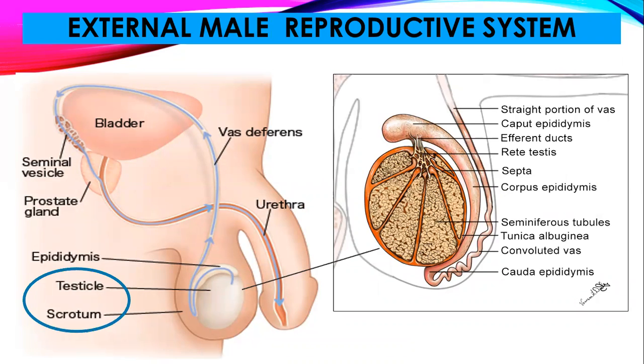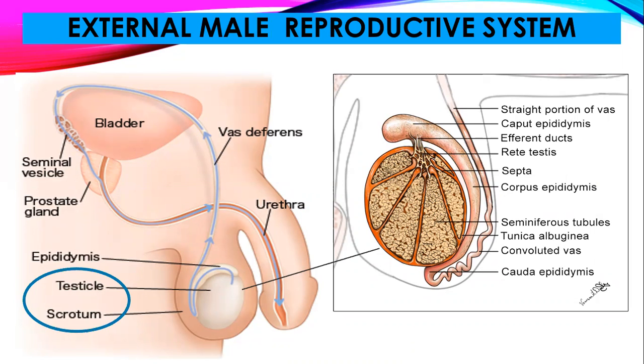The scrotum is a loose pouch-like sac of skin that hangs behind and below the penis. It contains the testicles or testes, as well as many blood and nerve vessels. The scrotum acts as a climate control system for the testes.